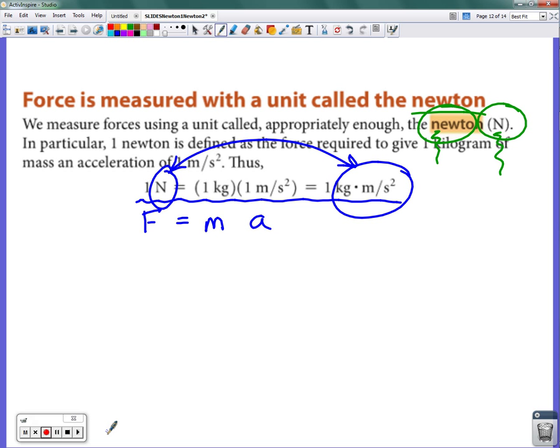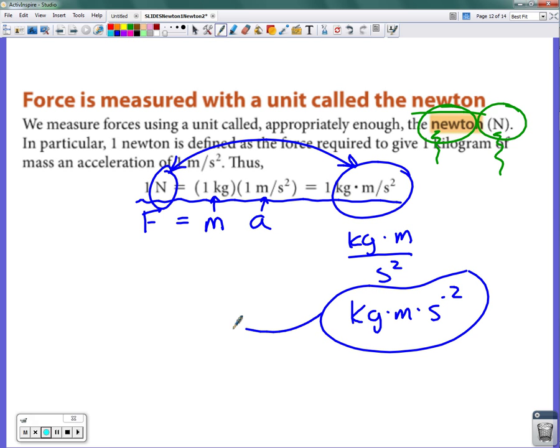It's really just multiplication, bringing them together. So kilogram is the unit for mass, meters per second squared is the unit for acceleration. If we bring them together, sometimes we'll see it written like this, or if you're IB, you'll write it like this. This combination we represent with the capital letter N. It comes from combining the units for mass and acceleration.